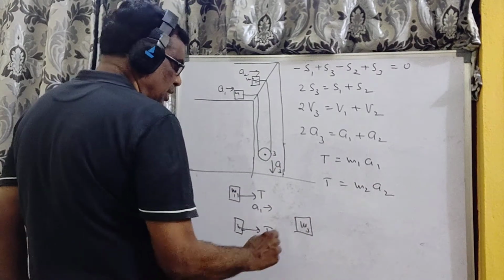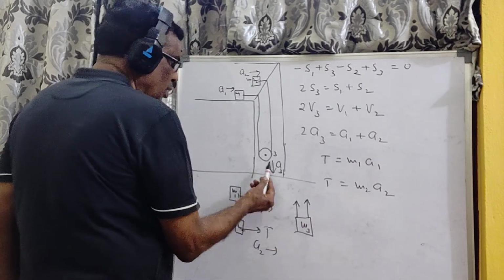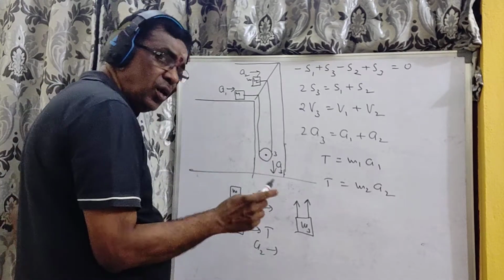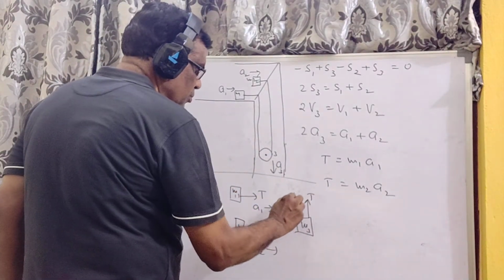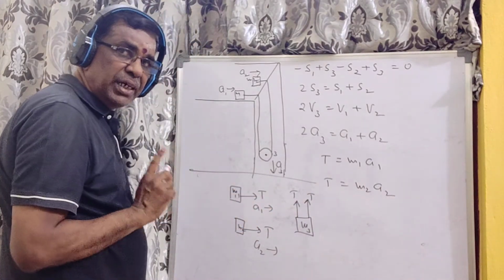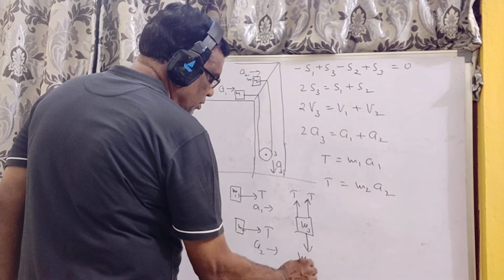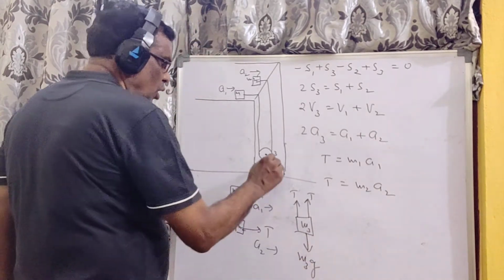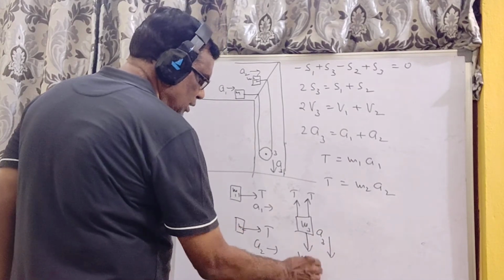Let this be M3. Now there are two rows, one here, a single row. At 2 points it is pulled up. So you have T and T. Be careful about this. And here gravity acts. A3 is taken downwards. So how do you write?